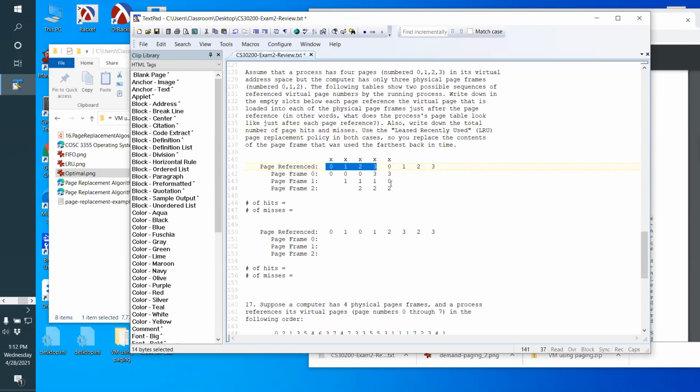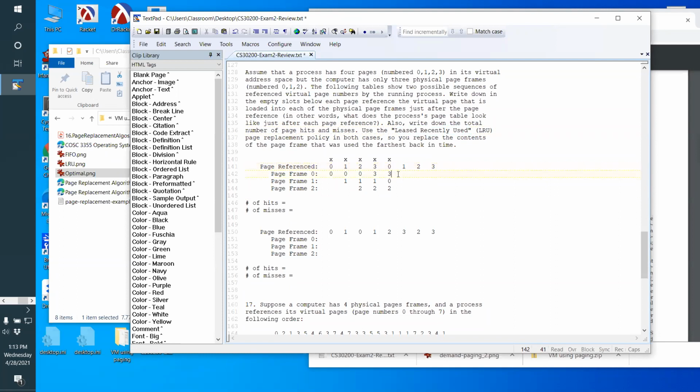If you look at it, we're always kicking out exactly the page that we're about to touch next. Like here, we're going to access page 1, and next we're going to access page 2. But when we access page 1, the page that was least recently used is page 2.